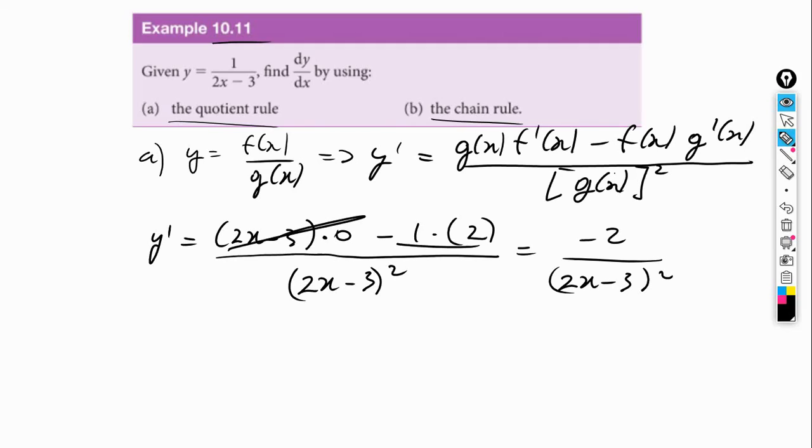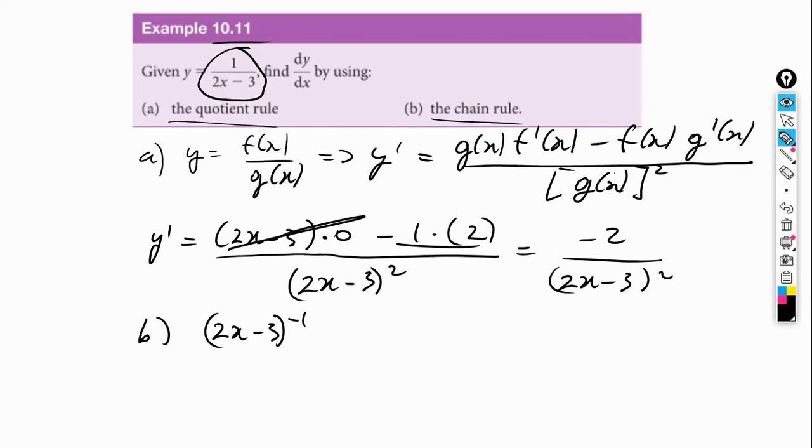Okay, so for part B, they want us to do the same, but using the chain rule. So remember that 1 over 2x minus 3, we can rewrite that as (2x minus 3) to the power of -1.